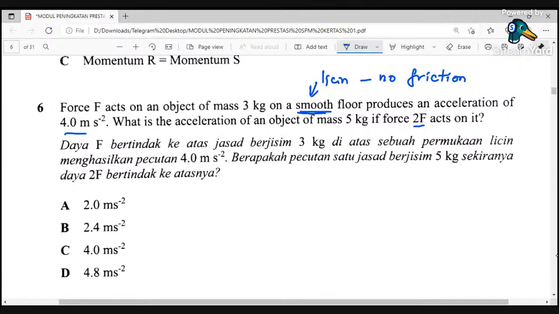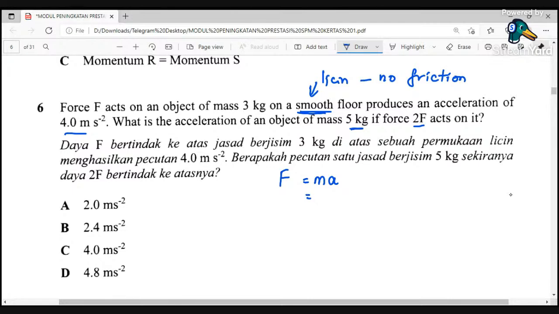Okay. So you have F equals ma. So the force is doubled. Okay, now we have 5 kg.